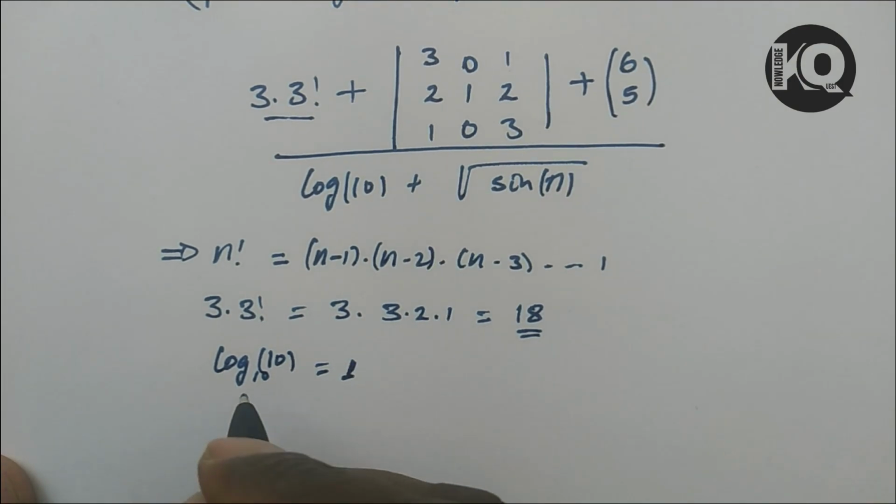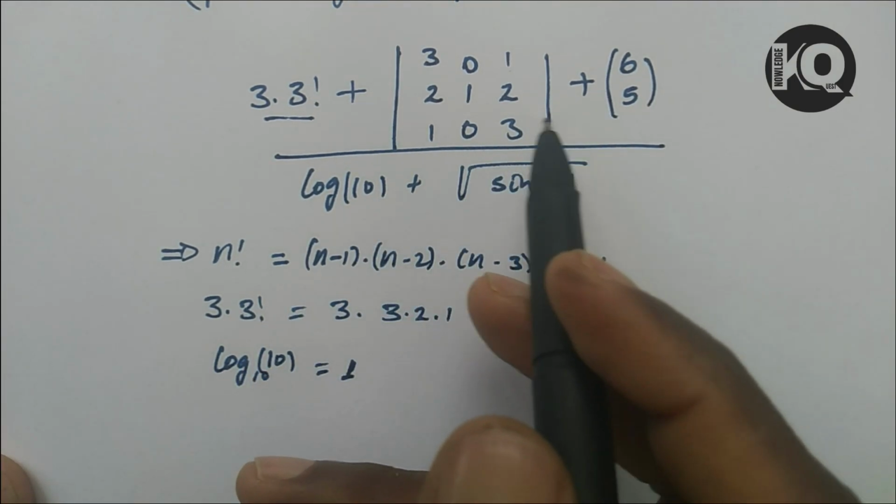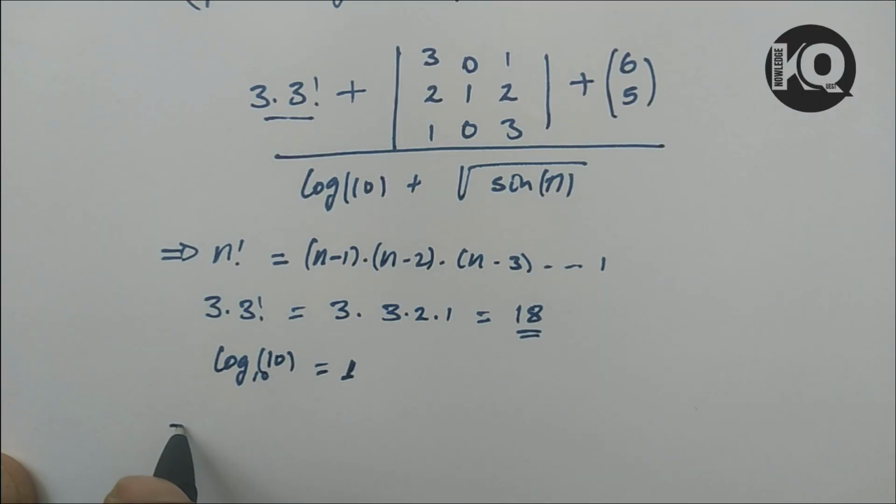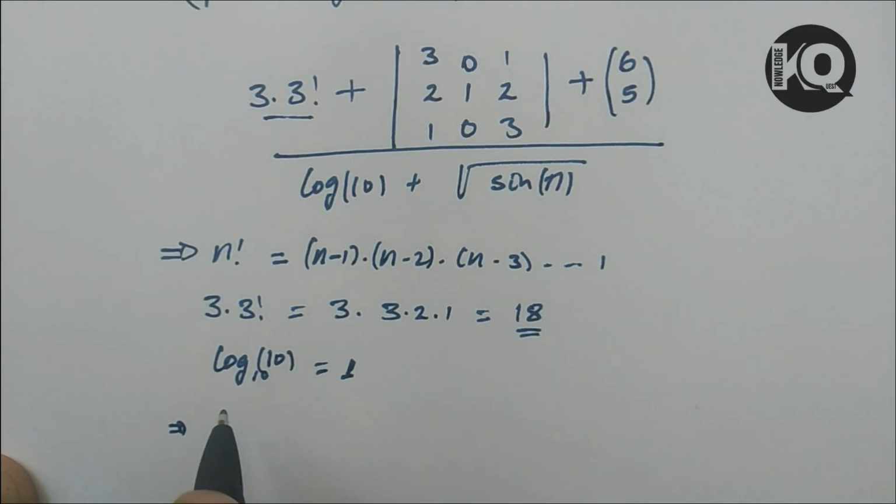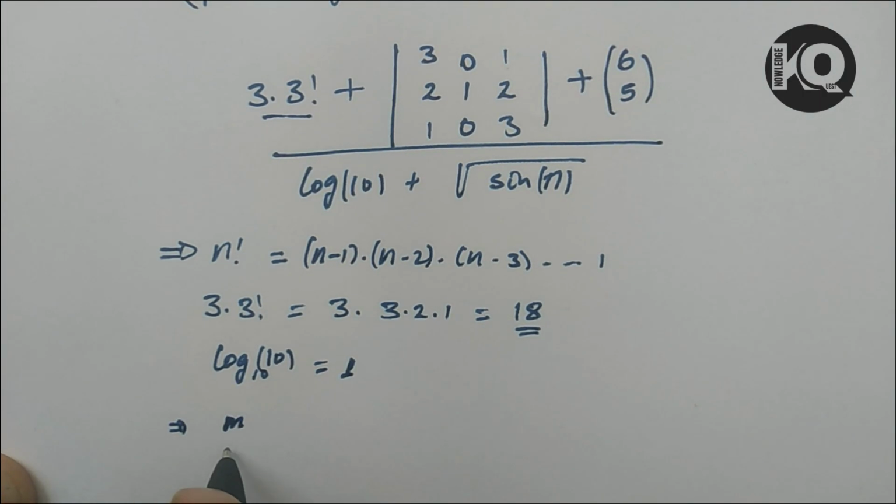Let's continue with this binomial expression. It's not a fraction, but a binomial coefficient. A binomial coefficient, given as m choose n, can be determined by m factorial divided by n factorial times m minus n factorial.